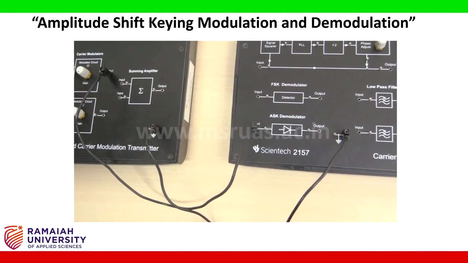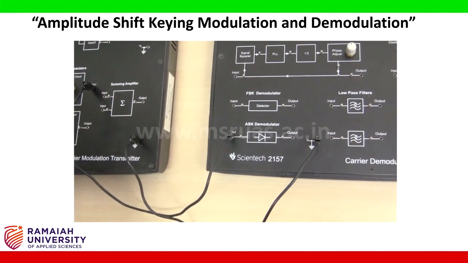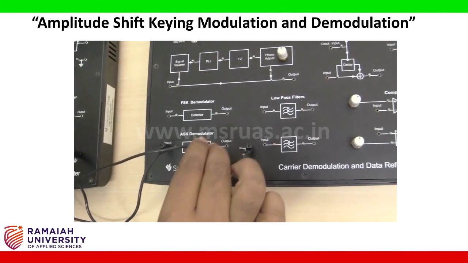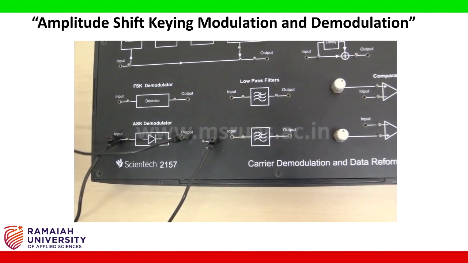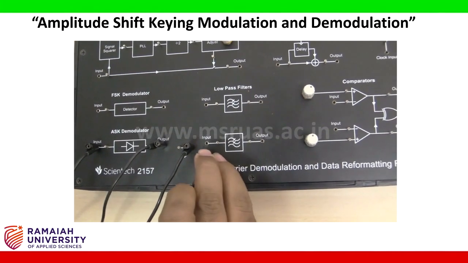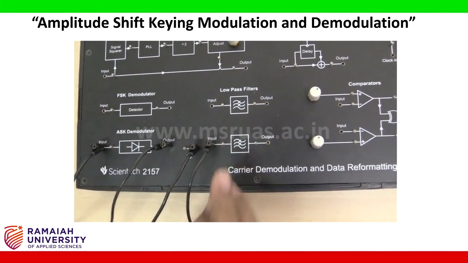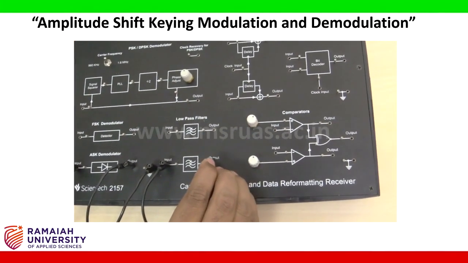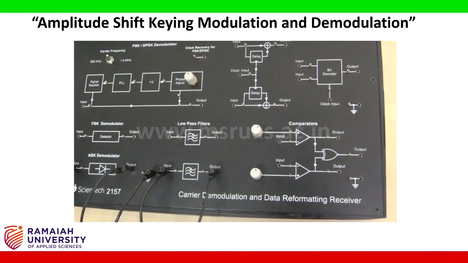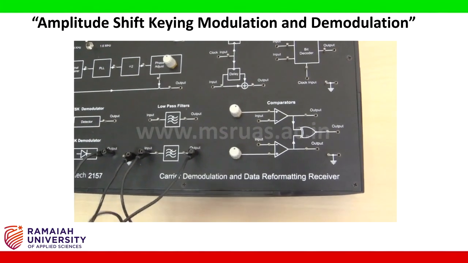Output of ASK demodulator is connected to the input of the low pass filter, and then output of the low pass filter is connected to the input of the comparator.